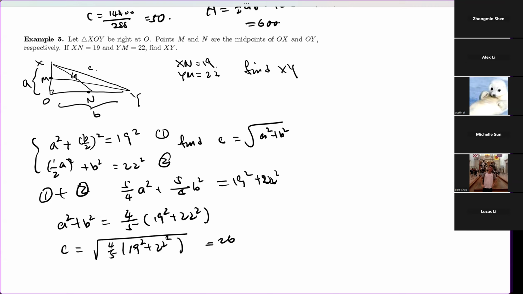Maybe you can find a general formula here. Because we use specific values 19 and 22, I can even let these be M and N. Then you can get a general formula for C. That means if you know the lengths MY and X, then you can get the length of the hypotenuse.